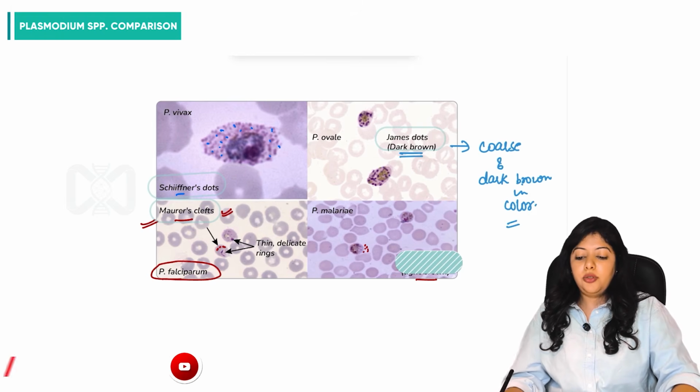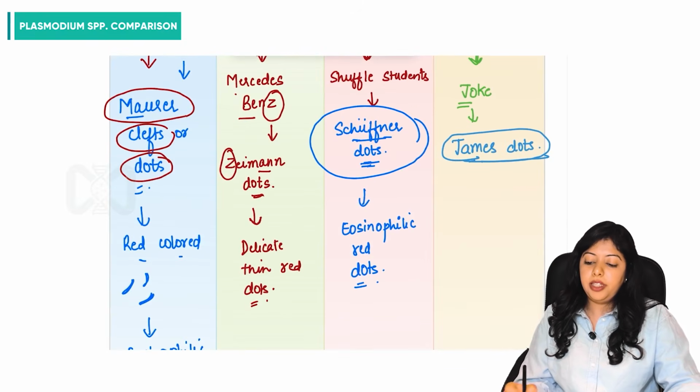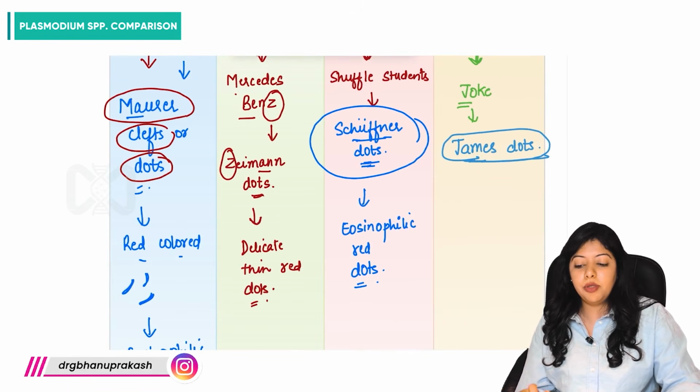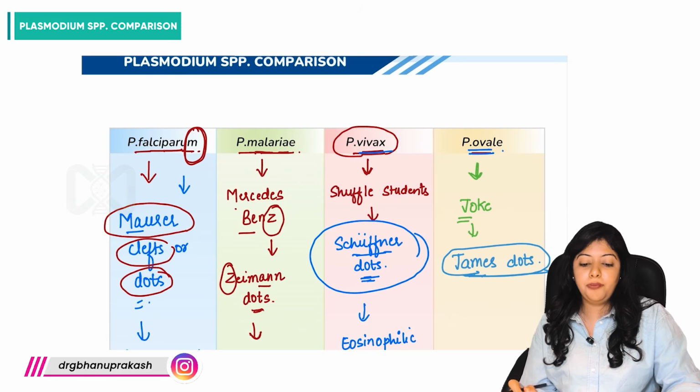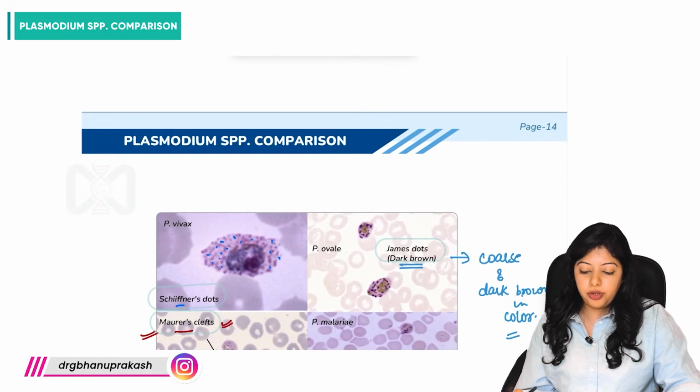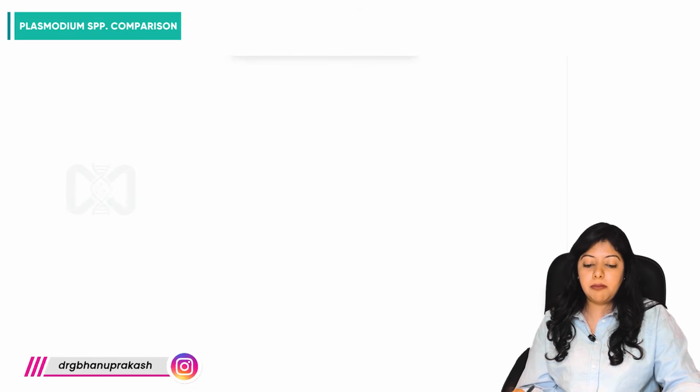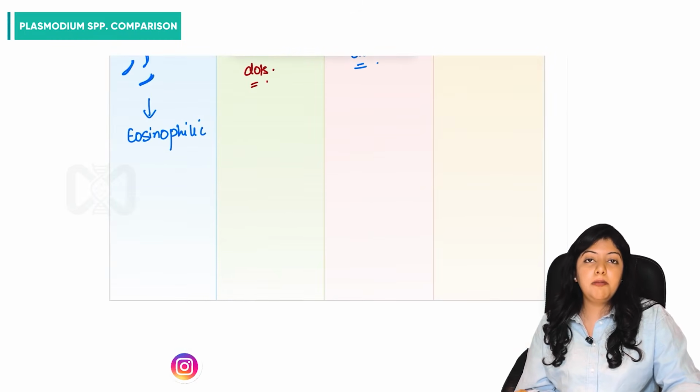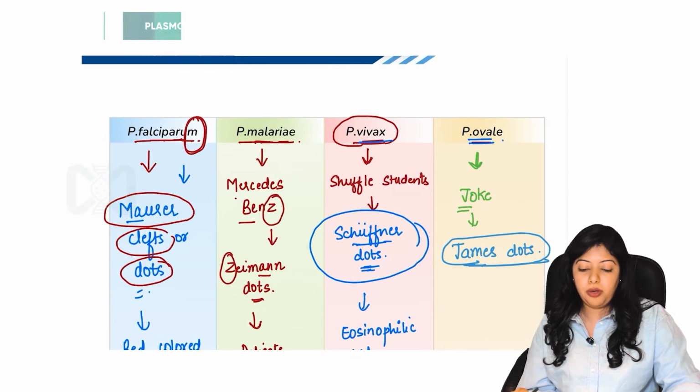So these are the 4 different types of stippling, with different colors and different names for the different species. This was all about the major Plasmodium species comparisons that we must know about. Thank you.